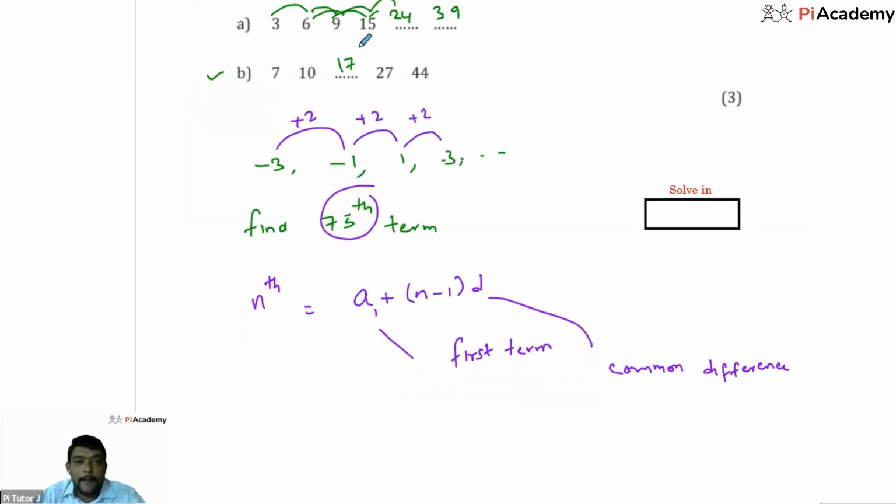Now look here. Let's do this. What would n be then? n is the 75th term, right? You are finding the 75th term, so n is 75. Shouldn't it be 3, not -3? No. -3 plus 2 is -1, right?